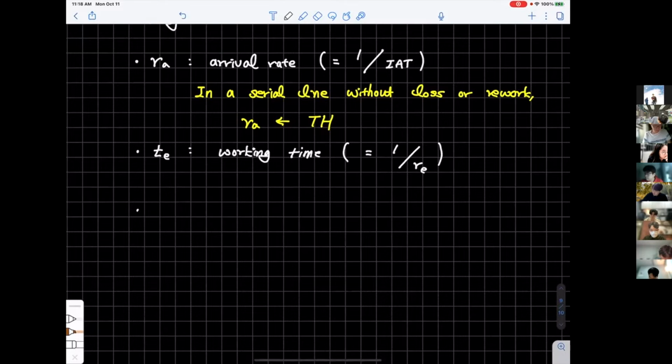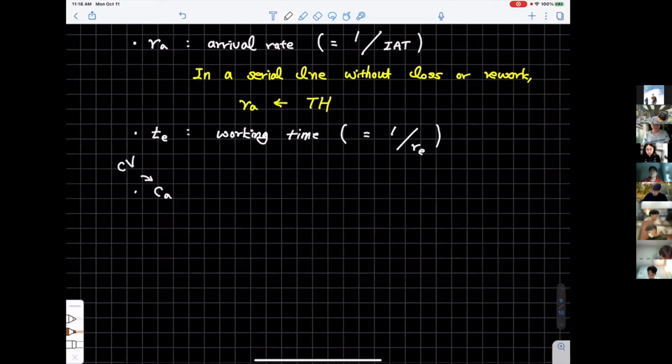And again, C is the representation of CV, the coefficient of variation. And CA is the CV of the RA.